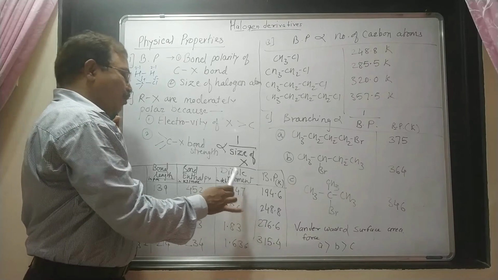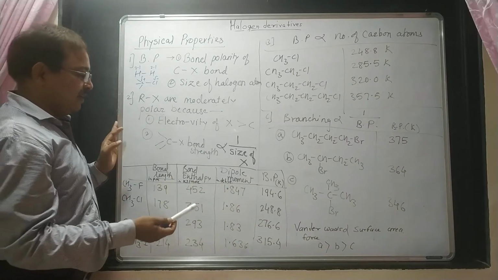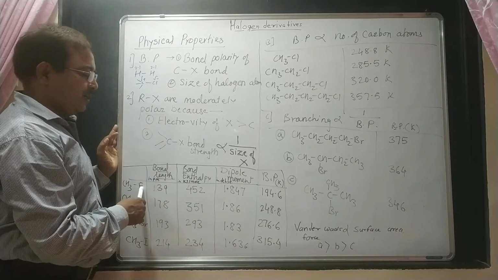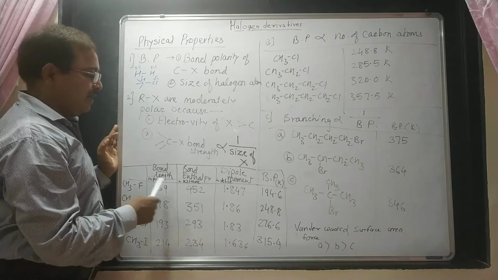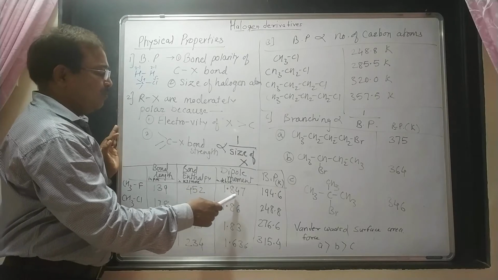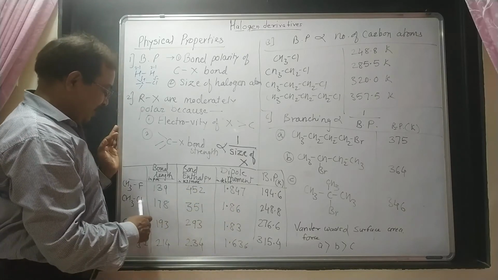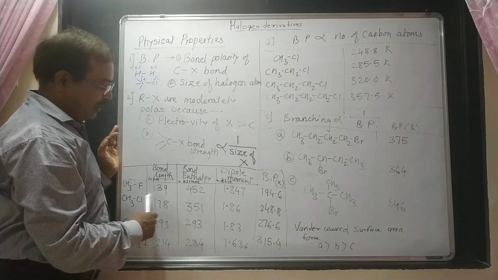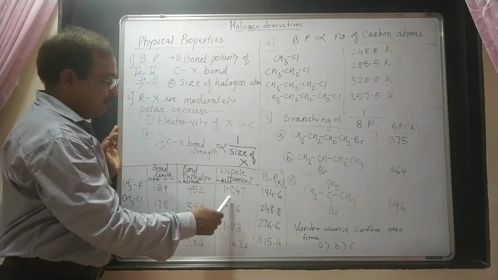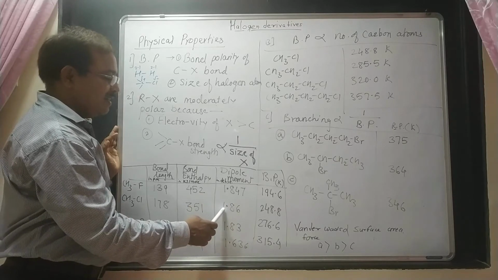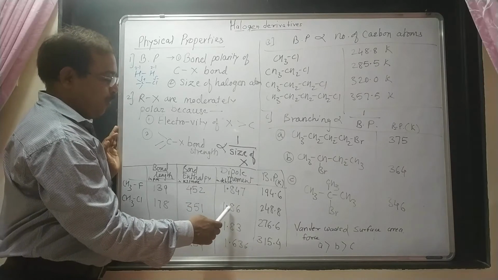Okay, the dipole moment and electronegativity. Fluorine is the most electronegative, having 4 units of electronegativity. Here the dipole moment in Debye is 1.847. Chlorine is less electronegative compared to fluorine, so the dipole moment should be less than fluorine, but it is a little more than fluorine, that is 1.86.